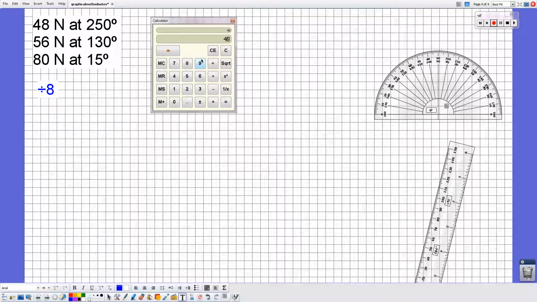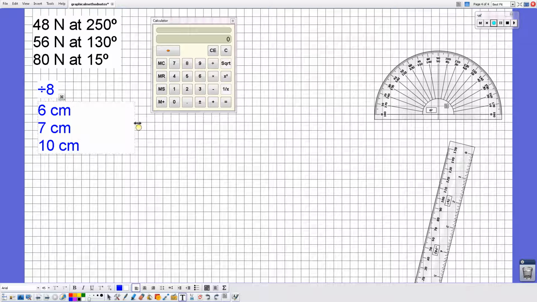Oh, wait, sorry. That's why things didn't make sense. It equals 6 and 7, and 80 divided by 8 is 10. Alright, so I got 6 centimeters, I got 7 centimeters, and I got 10 centimeters. Alright, at these lovely angles.